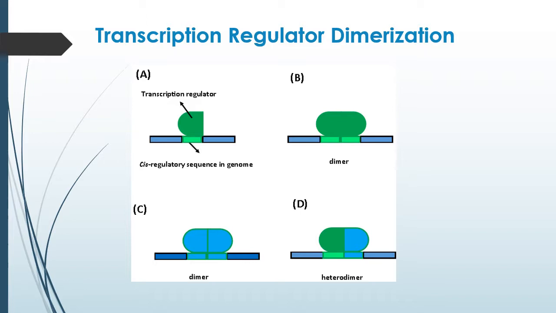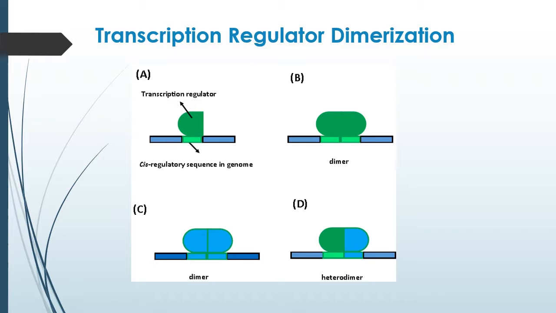In figure A, we have the cis regulatory sequence in the genome, a portion of the genome that can be identified by the transcription regulator.